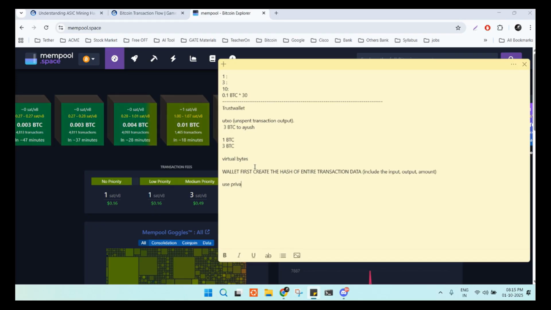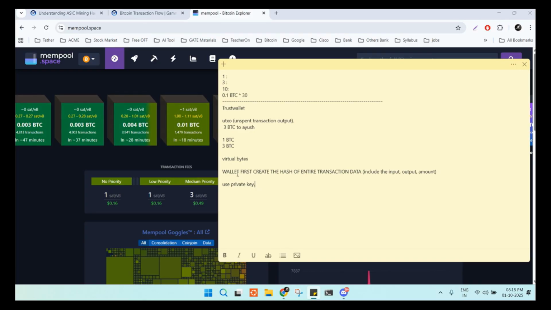Then it will use the private key. If you are using a hardware wallet, you have to connect it, because the private key will be inside your hardware wallet. If you're not using a hardware or cold wallet, then the private key is in the wallet itself and you can use that. But if you're using a hardware wallet, like Trezor, Ledger, or any other, it contains the private key, so you have to connect it.